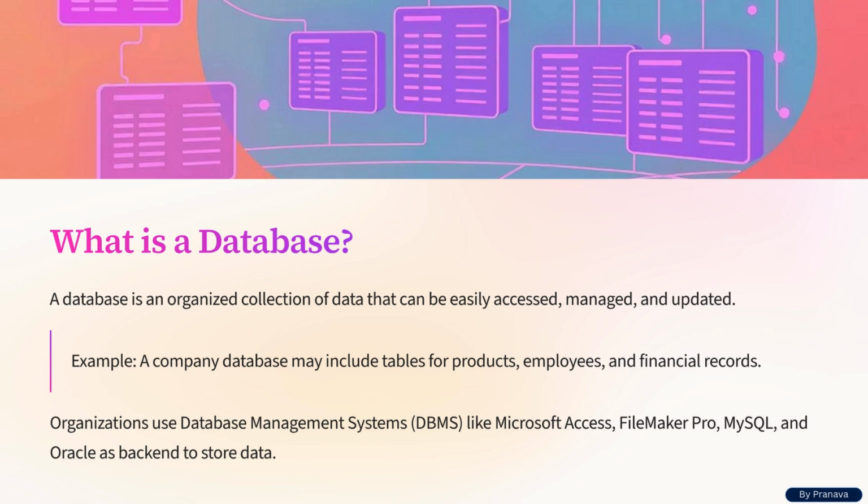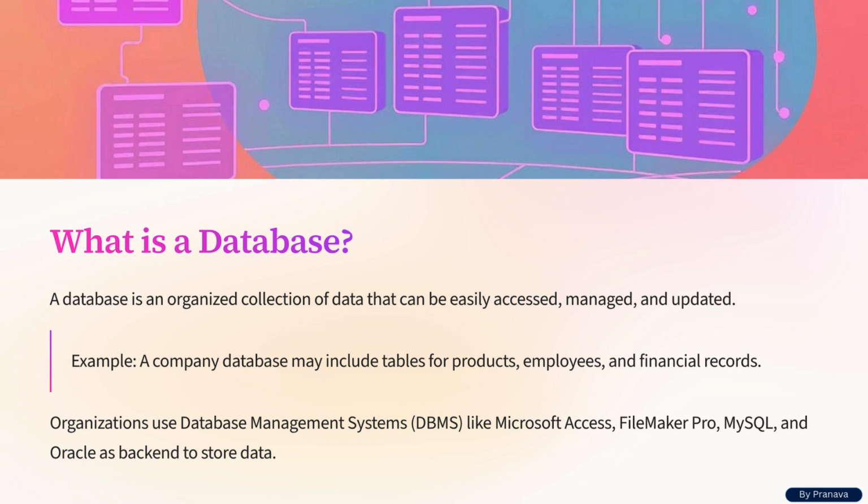Then we can see organizations use a database management system. The management system of such a database is called a database management system, which we will learn about further. Organizations use database management systems like Microsoft Access, FileMaker Pro, MySQL, and Oracle database as a backend to store data.